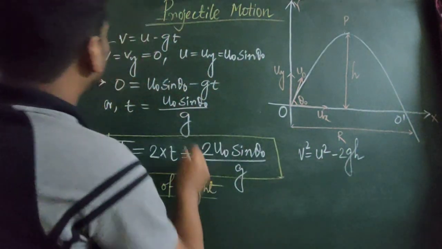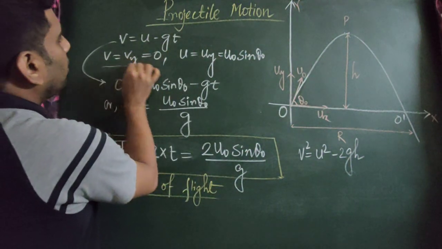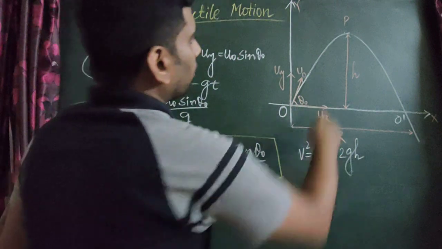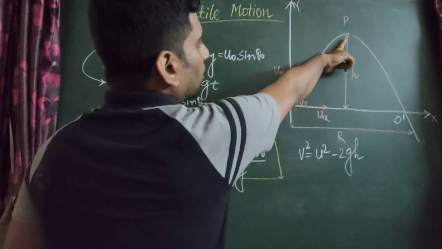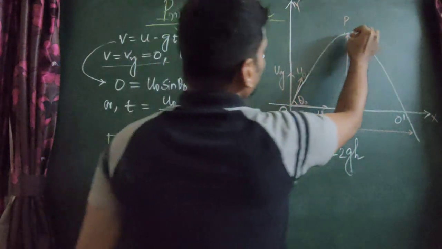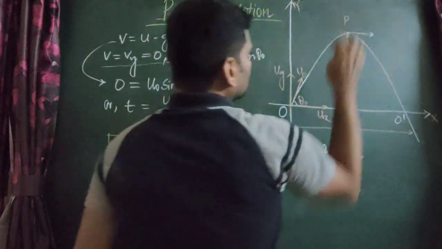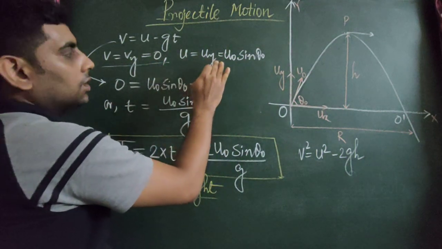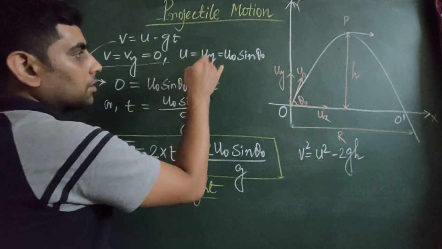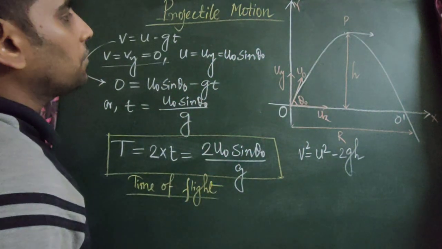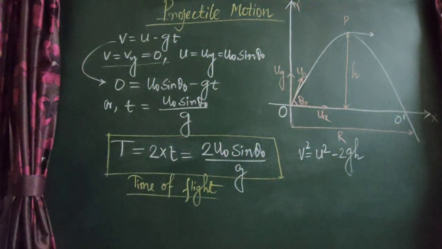Again, the same condition applies, where v equals vy, the vertical velocity, which is 0 at the top, and u is the vertical component, u0 sine theta 0. Now if I put the value here, what will we get?